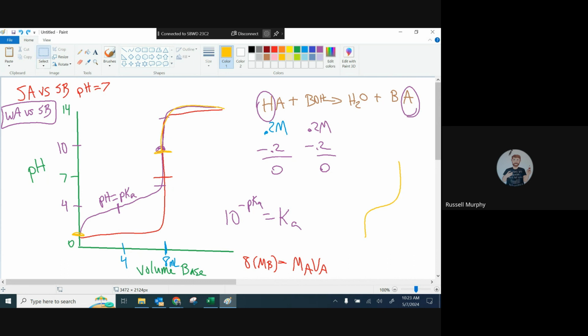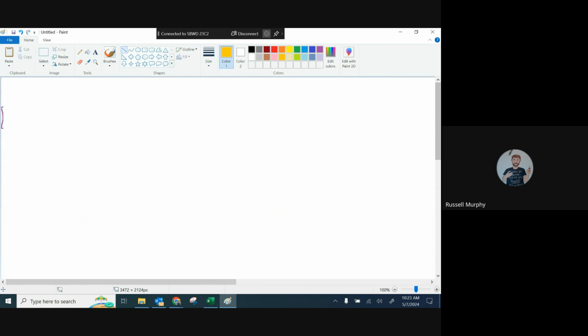One last scenario, and that is the titration, but with a base. So we'll start off again with our titration curve. Ooh, nice line. And then we'll start off with the strong base, and you're adding a strong acid.